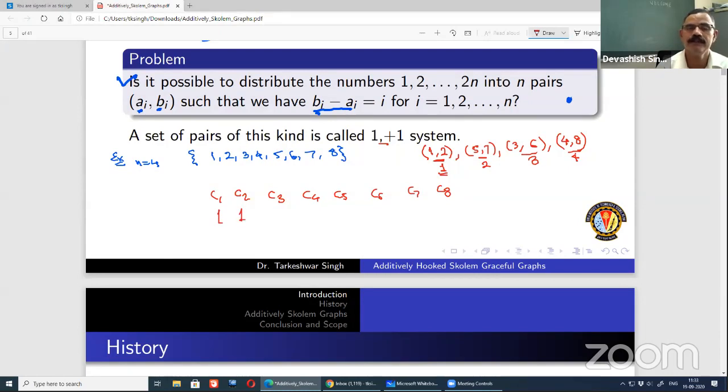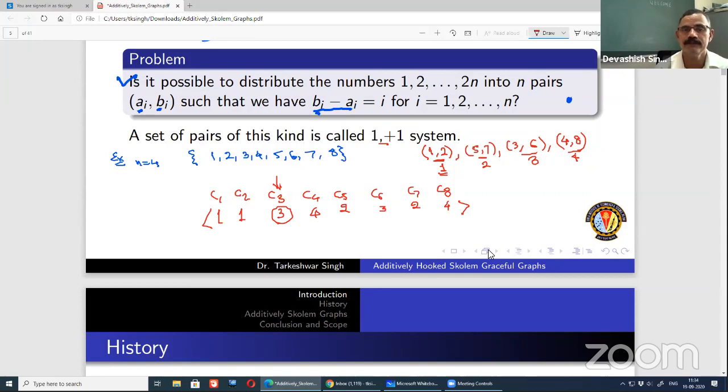Then 3 and 6, so 3 will appear here, and 4 will appear here, and 2 will appear here. So this sequence is known as a Skolem sequence in the literature, in number theory. Very simple things. If you take any number, for example 3, if 3 appears here, then the next 3 appears 3 positions further.